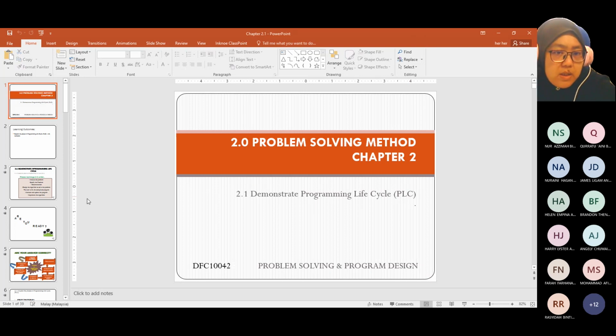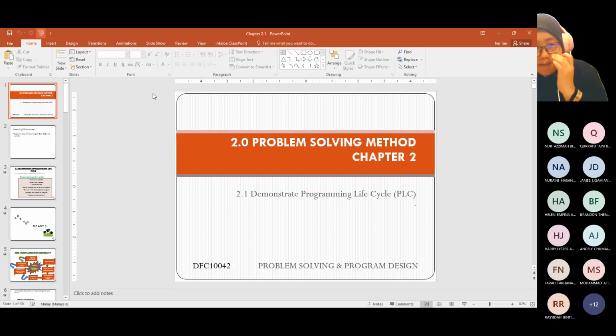Previously in topic 1, you learned about new terminologies, the history, and the generations of programming languages. Today we are going to go into some basics of the problem solving method. So this is topic 2 on problem solving method.